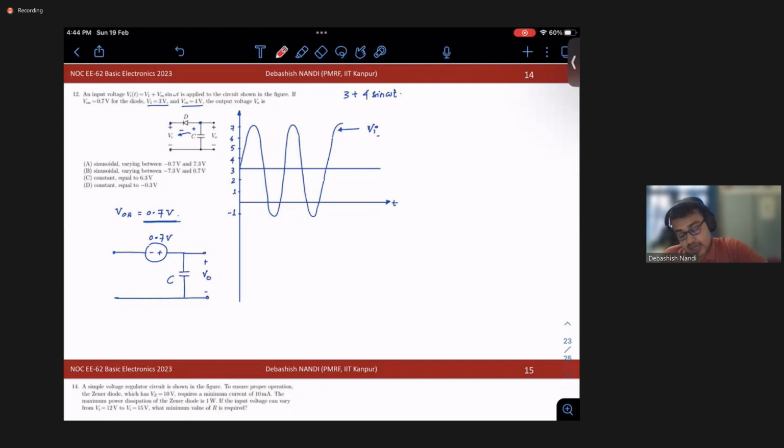Can anyone tell me at this point what is the VO? Anyone?